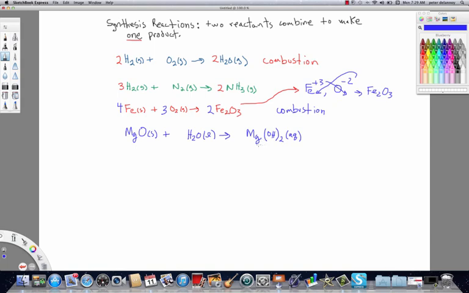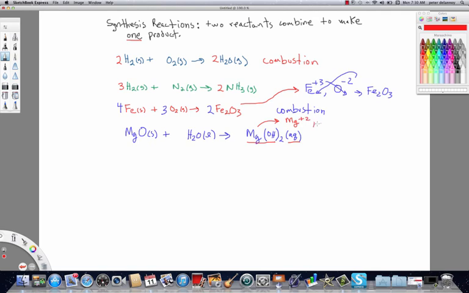Now, as an aside, for a more advanced class, note that on the right side of the equation we've produced an ionic solution of magnesium hydroxide, and the rule is that if you have an ionic compound and it is dissolved, and we know it's dissolved because the designation here is aq, that means this compound is dissolved in water, and if an ionic compound is dissolved in water, its actual form is in the form of ions.